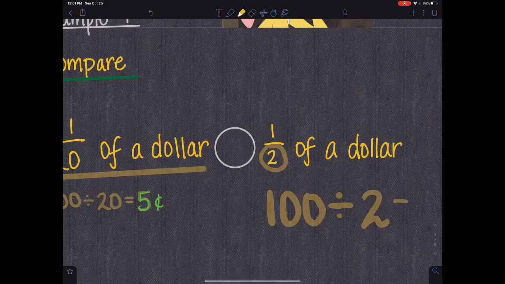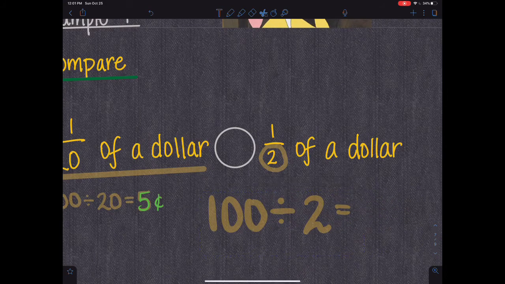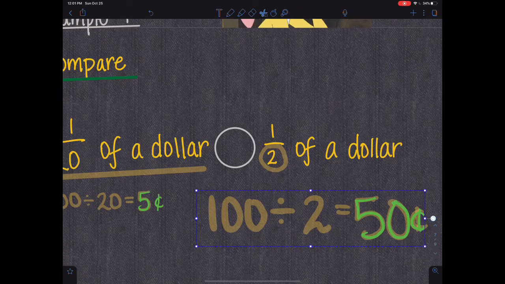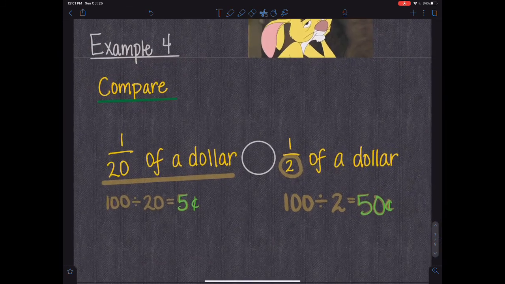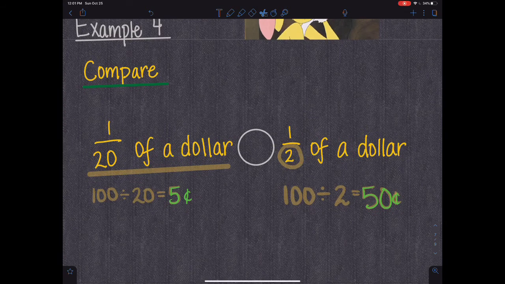So I think you're going to see that it equals 50 cents. So on the right-hand side, we have 50 cents. And on the left-hand side, we had 5 cents. So which one would you rather have? 5 cents or 50 cents? I think you would rather have 50 cents. So we're going to put a less than sign because 5 cents is less than 50 cents.